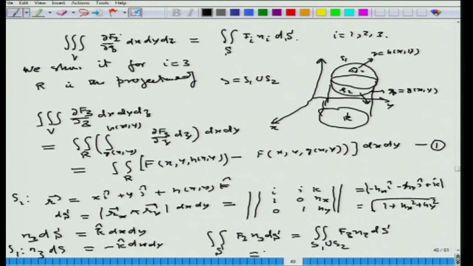First, on S 2, with the positive sign, we get f 3(x, y, h(x, y)) dx dy, because the dot product here will have this 1, and so dx dy over this region R. Minus, over the region R again, f 3(x, y, g(x, y)) dx dy.